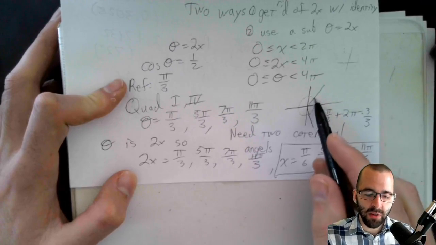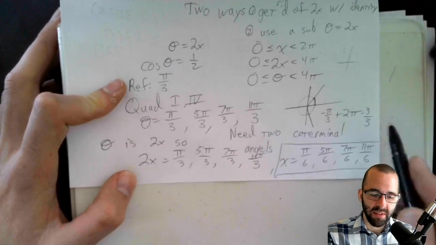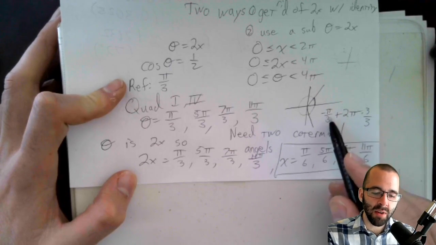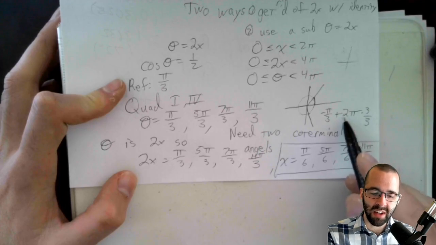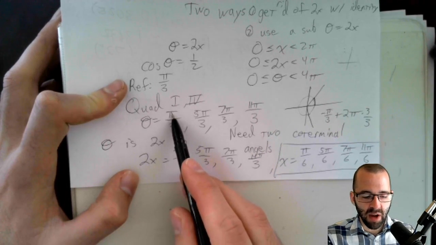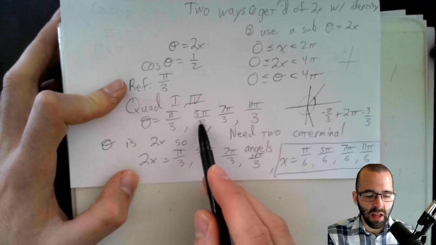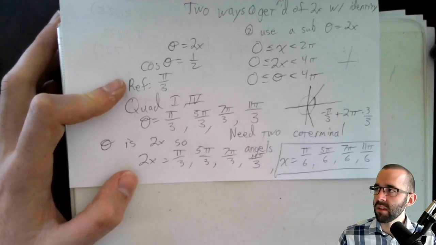So we just added 2 pi to our first two angles. And just like before, if we're adding 2 pi to an angle like pi over 3, you just multiply it by 3 over 3, and you're going to get 6 pi over 3. So this plus 6 pi over 3 is 7 pi over 3. This plus 6 pi over 3 is 11 pi over 3.